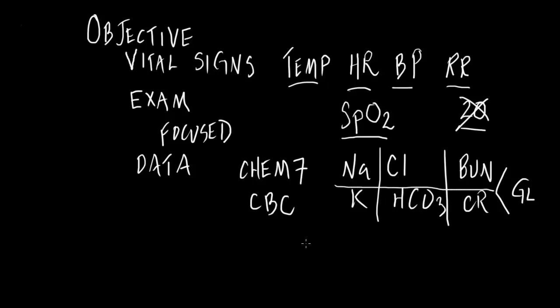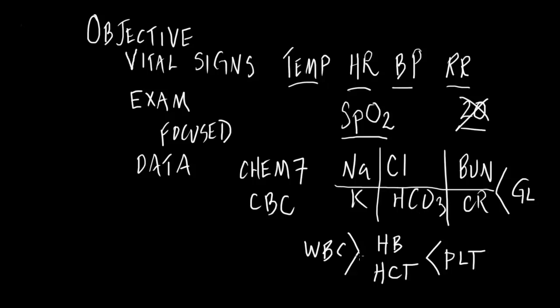CBC is documented as the white blood cell count, hemoglobin, the hematocrit, and the platelets. This is your standard documentation in terms of your data.